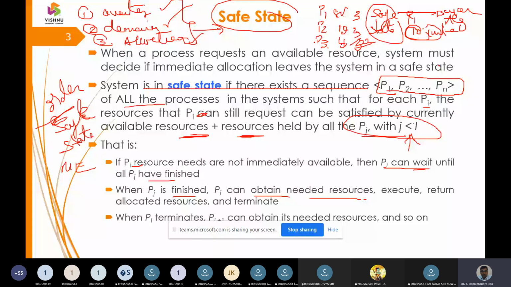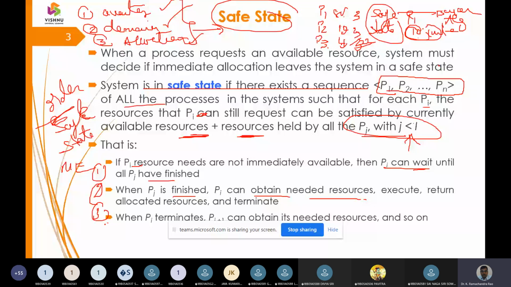That ordering mechanism is taken care of by the operating system. So when Pi is terminated, this is the first condition: it leaves all the resources it has taken up. Assume P1 has completed using the resources; whatever resources P1 has used, it gives all of them back to the operating system.